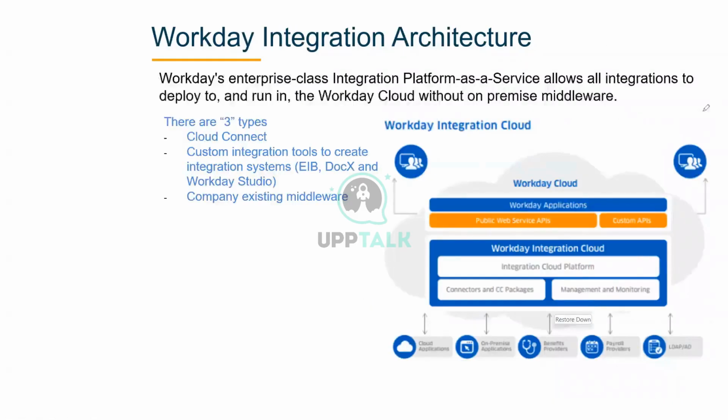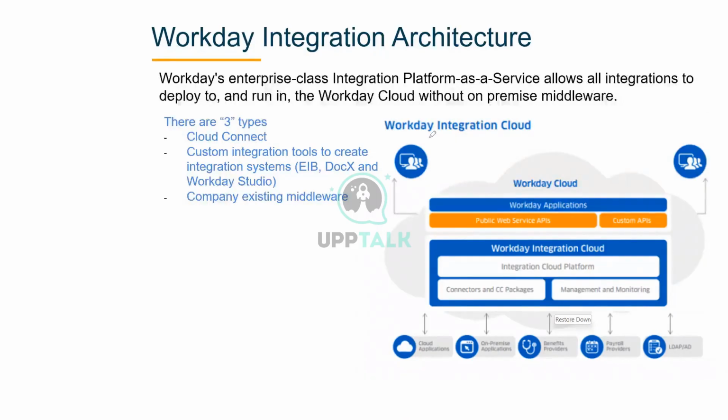Workday Integration Architecture. Workday Enterprise integration platform and service allows all integrations to deploy to and run in the Workday Cloud without on-premise middleware. You don't need to get any additional hardware or software in addition to Workday to run your integrations.